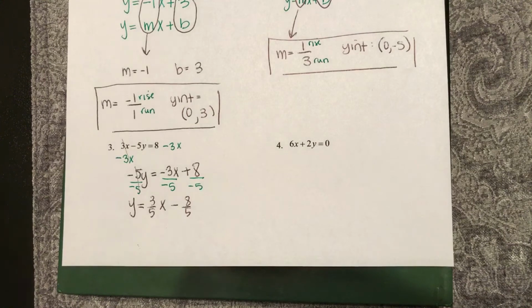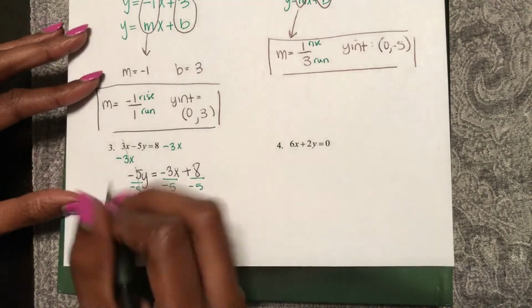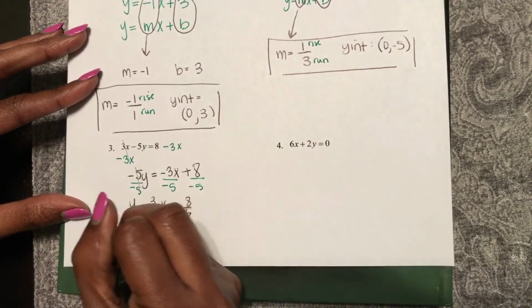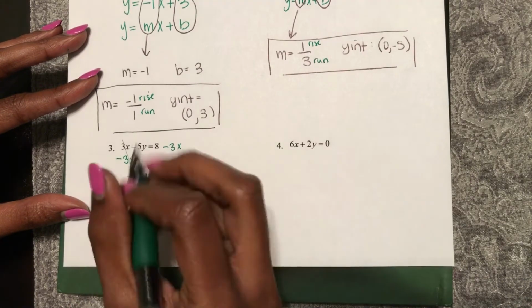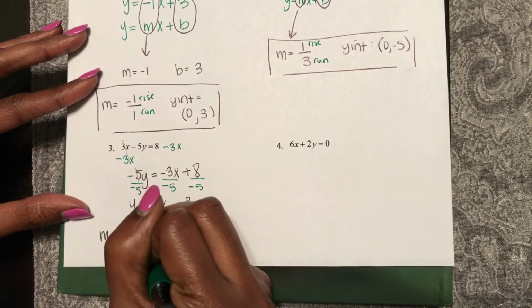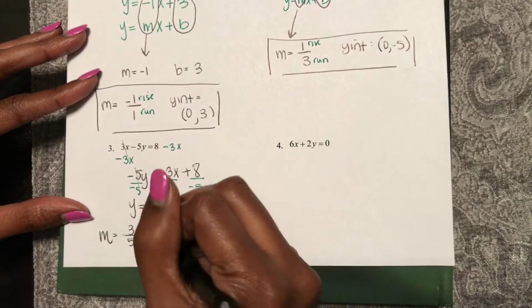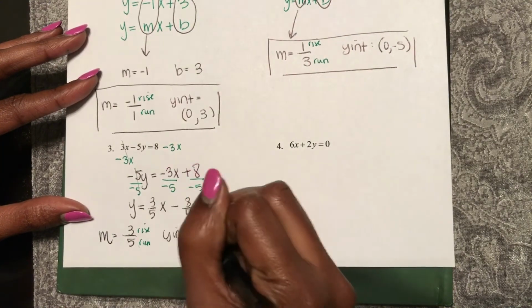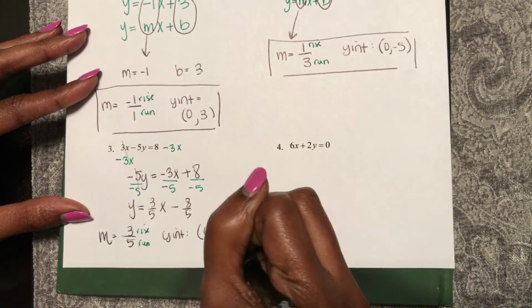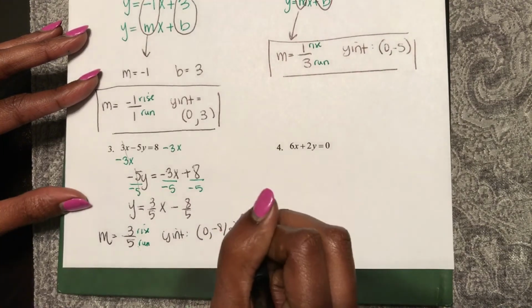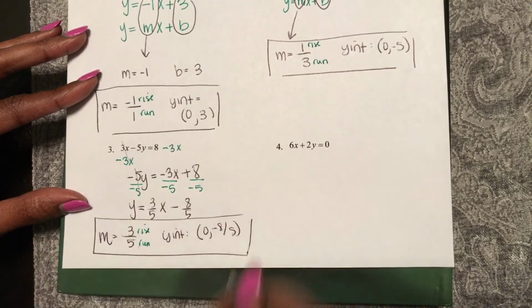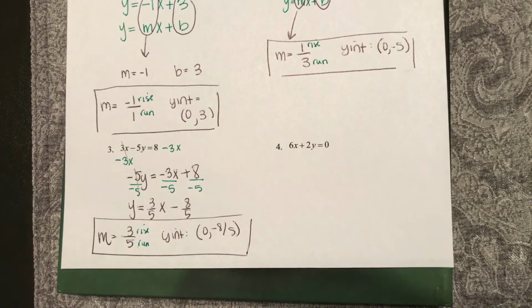So now I can quickly look at this and see that my slope is 3/5. That is my rise and my run. And my y-intercept is the point 0, negative 8/5. So get in the habit of writing slope as a fraction and your y-intercept as a point.